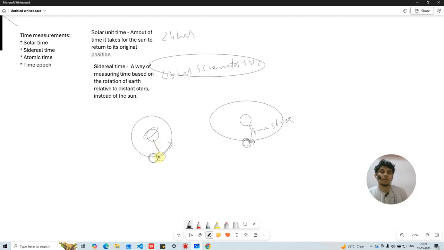So this is the sidereal day. Okay, that's kind of the intuition, because as we are rotating, we are also revolving around the sun. So long story short, a sidereal day is approximately 4 minutes shorter than a solar day.